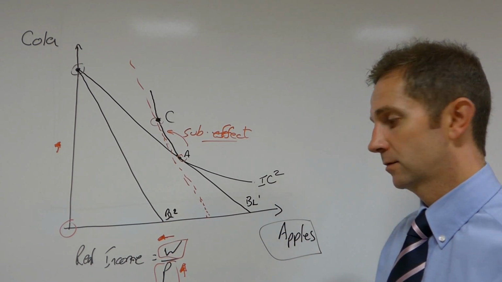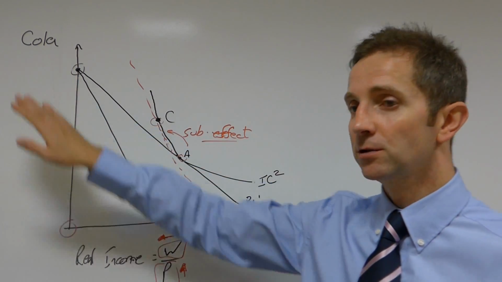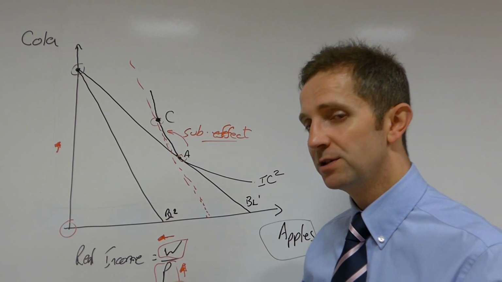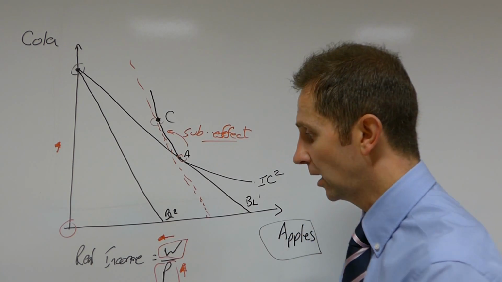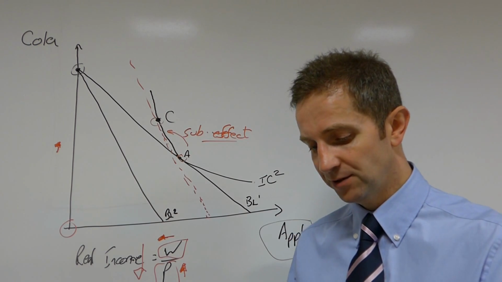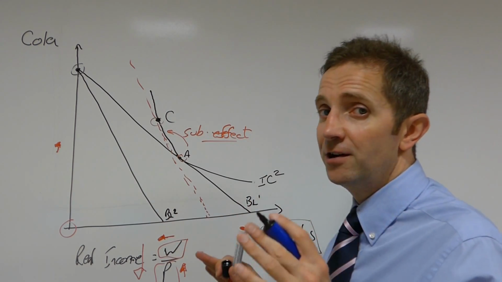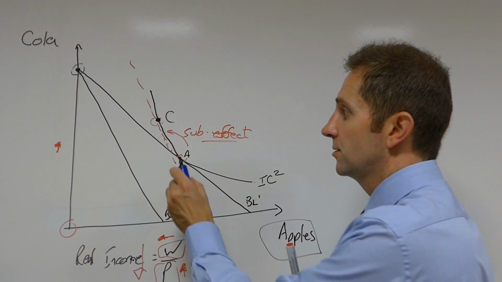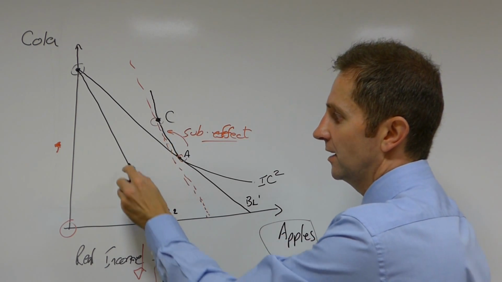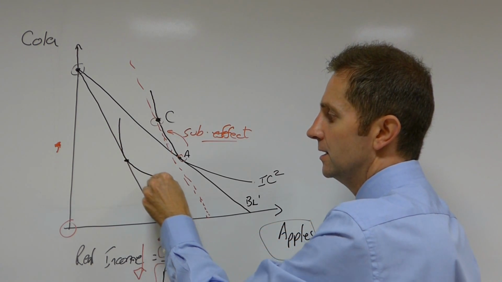We know, or we're assuming certainly here in this case, that cola is a normal good and apples are a normal good, and so as a consequence of a reduction in our real income, so the overall real income here has fallen, we will consume less. And so we want then to put our final equilibrium point, if you will, point B, we want that to be to the left of A and C. So I'm going to put that there and draw on my indifference curve.